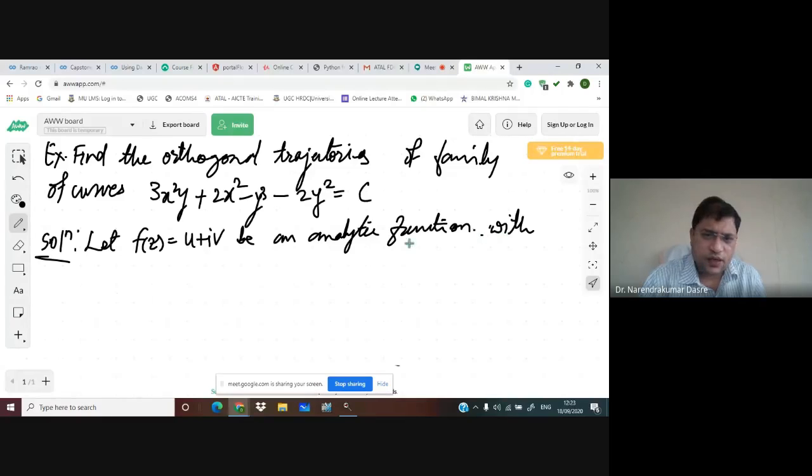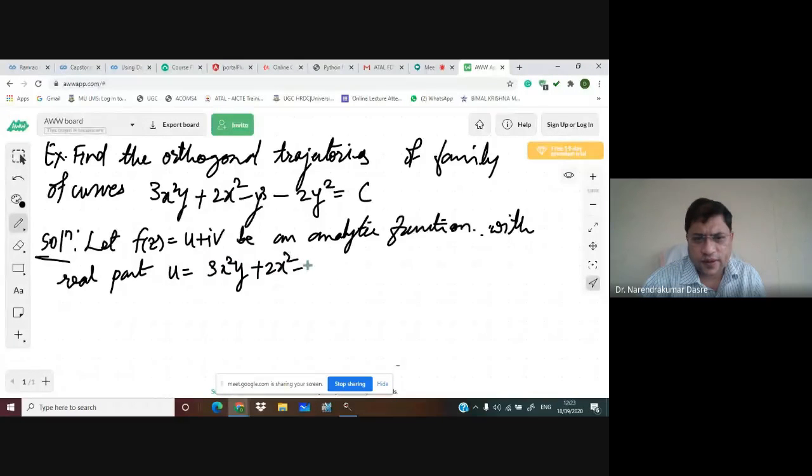So analytic function with real part u is equal to dx square y plus 2x square minus y cube minus 2y square is equal to c. Okay, and then what we have to do next? We have to find the first order derivatives.